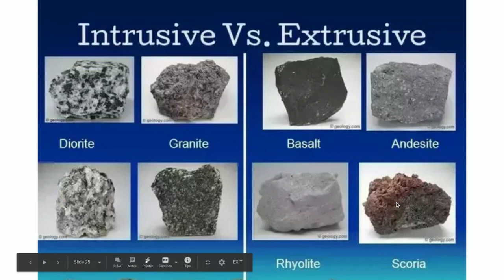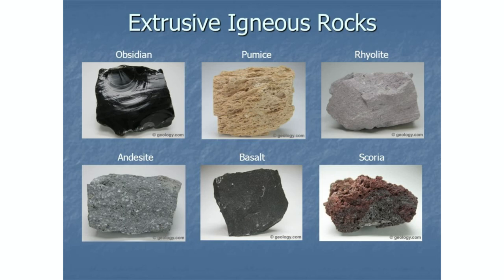We're also going to take a closer look at something called scoria or pumice. And you can easily tell that these rocks come from lava that cooled way too quickly. So here we have extrusive igneous rocks. These all come from lava that has exited the earth, and they lost thermal energy so quickly that they formed very, very poor or fine textures.